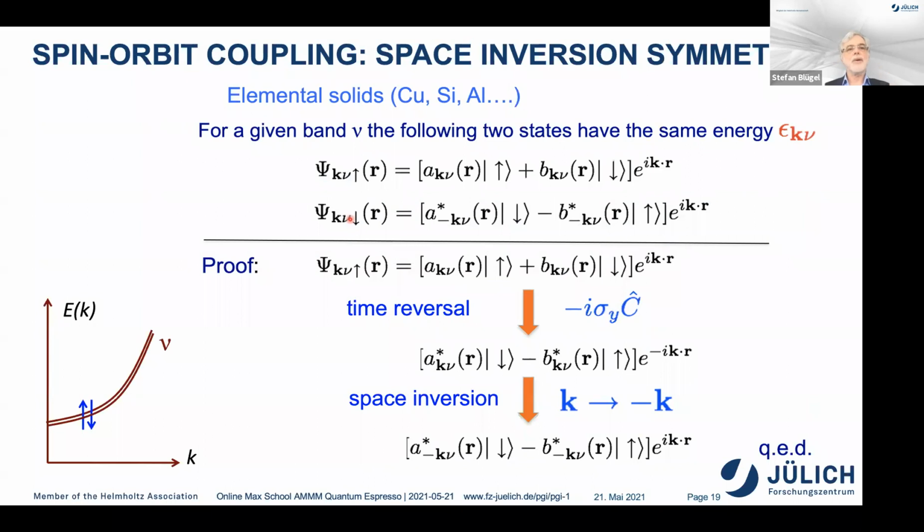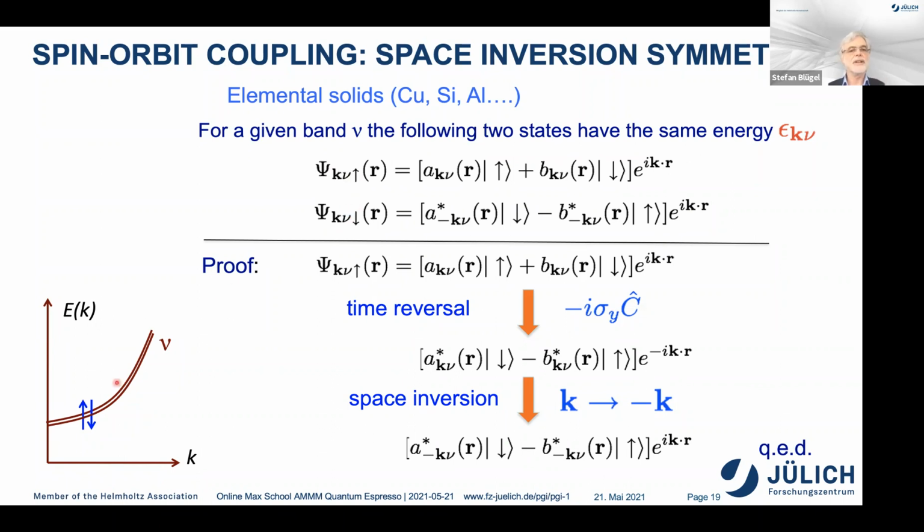But let me come back to the importance of spin-orbit coupling in relation to space inversion symmetry. So imagine you have space inversion symmetry. Then you can show that these two wave functions, these are Bloch wave functions, correspond to states which are degenerate.